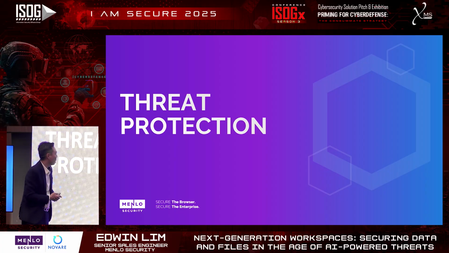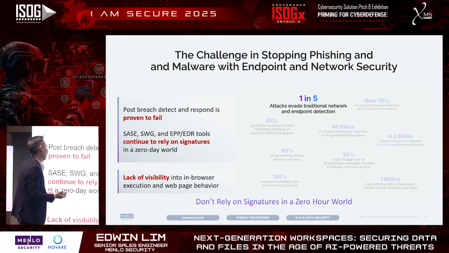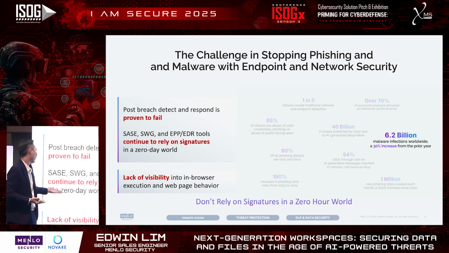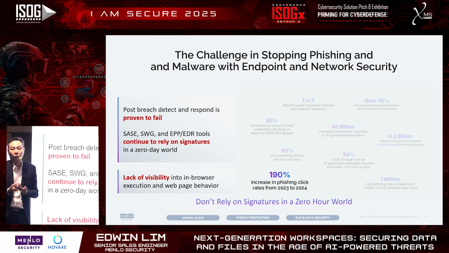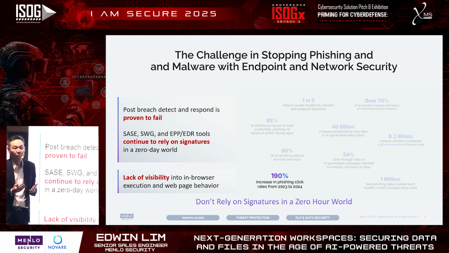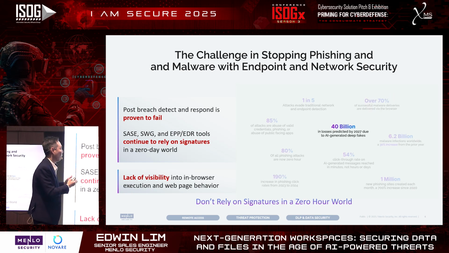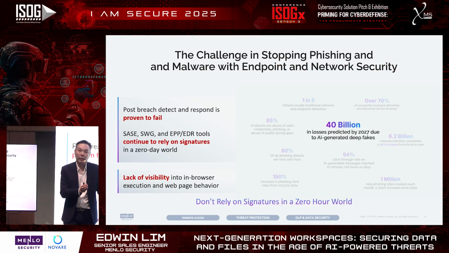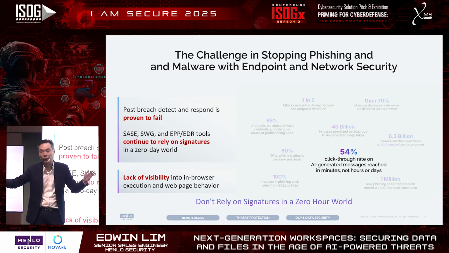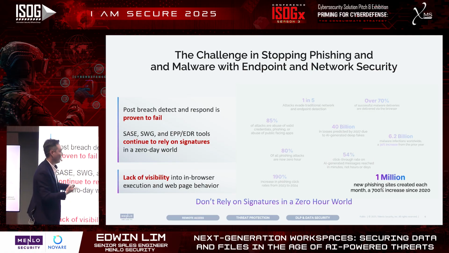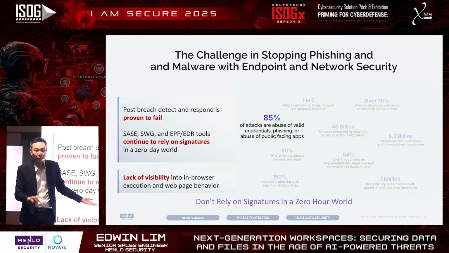So, threat protection. As you know, these are the attacks that are happening out there. A lot of SASE and EDR solutions rely on signatures. It's good and important, but with prevention technology, you can stop attacks very early in the cyber kill chain, rather than having to respond, detect based on signature, then clean your malware files, and so on.